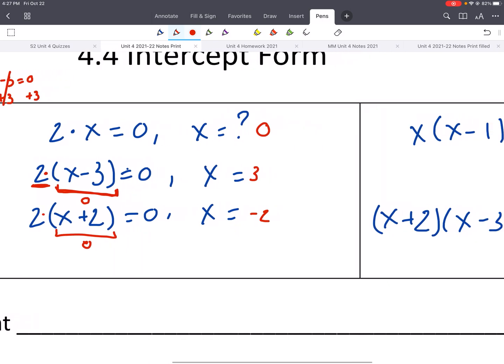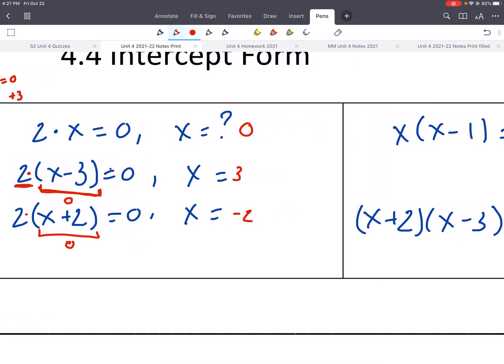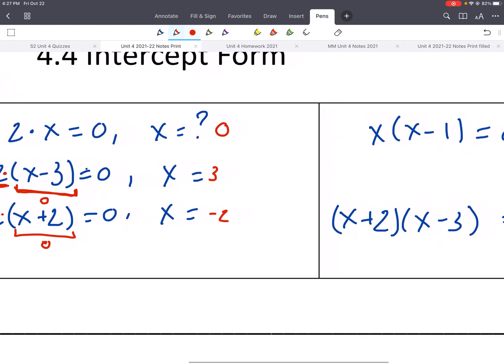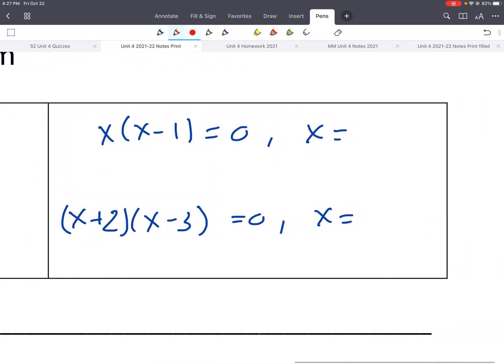All right. So if we have two things being multiplied and it's equal to 0, then one of them has to be 0. Okay? So here's another example. What if we had x times x minus 1 is equal to 0? So what would make that work? Or what if we had x plus 2 times x minus 3 is equal to 0?